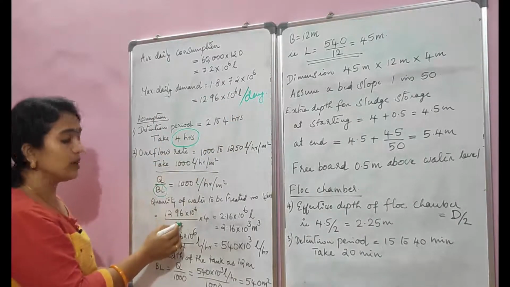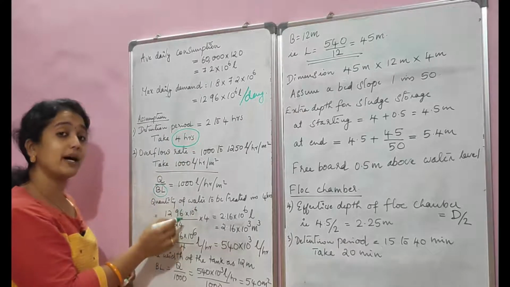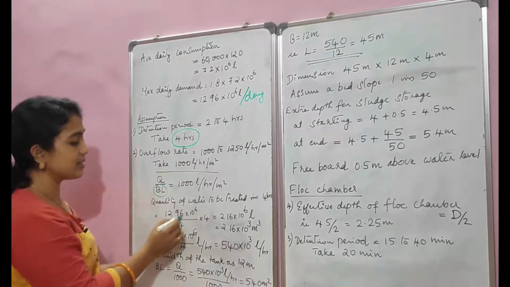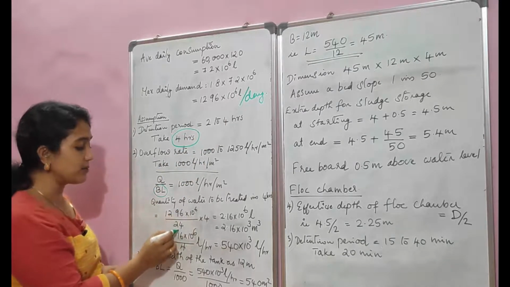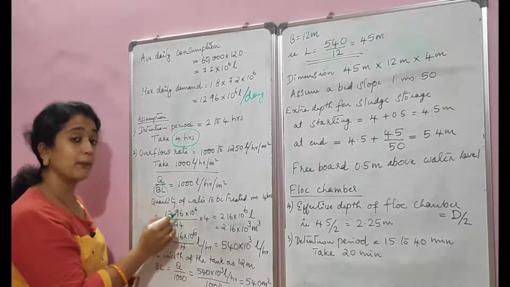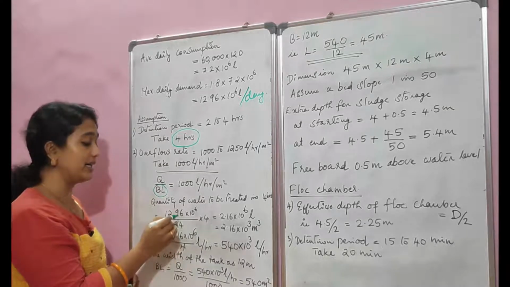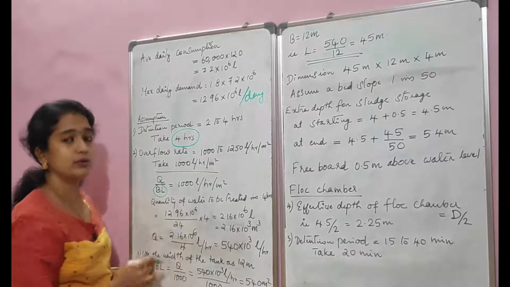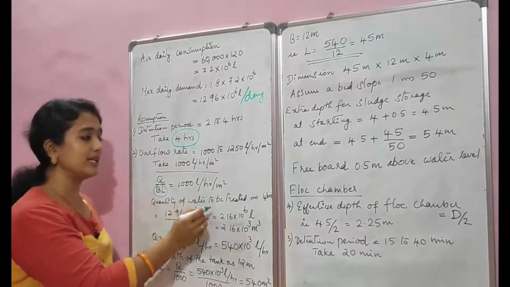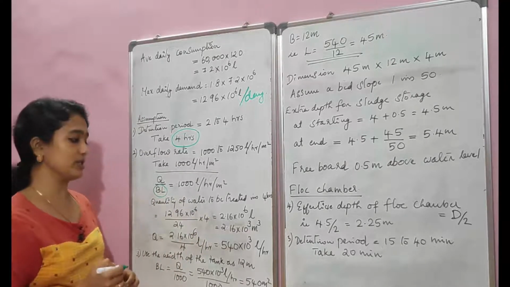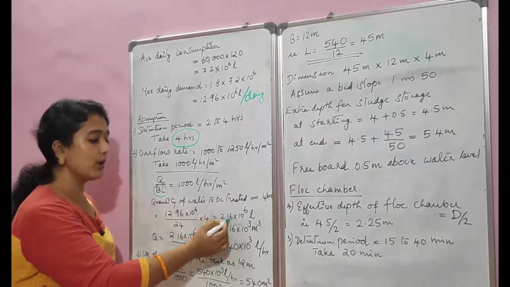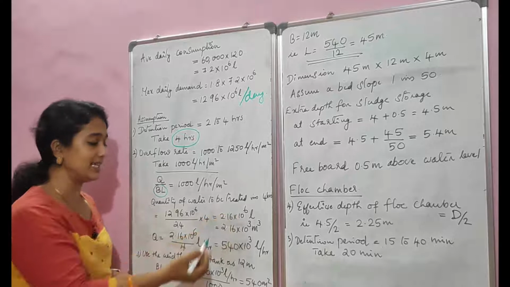So we have to calculate the per hour demand: 12.96 into 10 raised to 6 divided by 24 will give you the per hour demand of water. Then into 4 will give you the quantity to be treated in 4 hours. That is, we get a value of 2.16 into 10 raised to 6 liters.